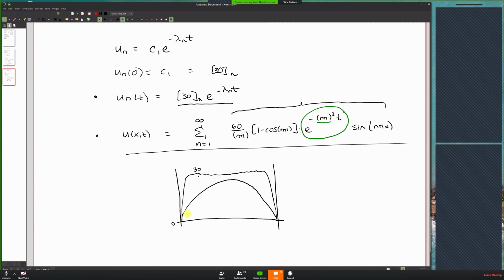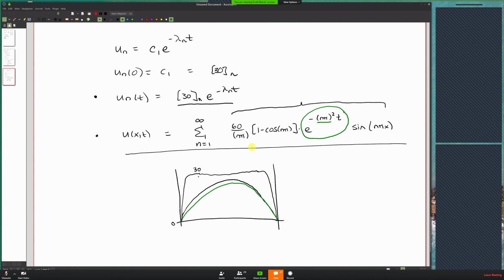And that's why this other feature of the solution shows up, which is that before long, you're basically staring at one little piece of a sine curve. And everything else has gotten so small that you can't see that it's there anymore. Okay, so those are the two features that I wanted to point out of solutions to the diffusion equation using eigenfunction expansions.